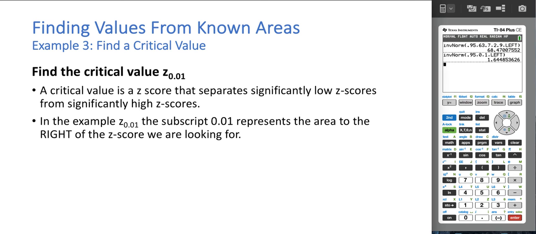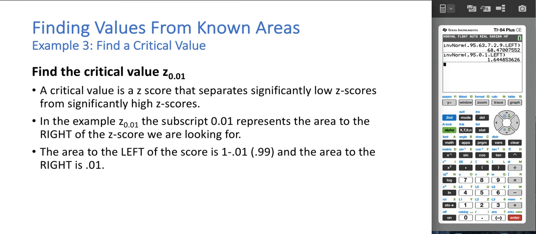Those previous two examples had an area to the left. In this one, we're using an area that's to the right. Please make note of that. The area, therefore, to the left is going to be 1 minus that subscript, 0.99. And the area to the right is 0.01, because remember that area has to add up to 1.